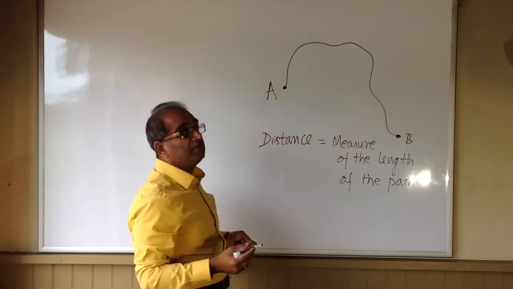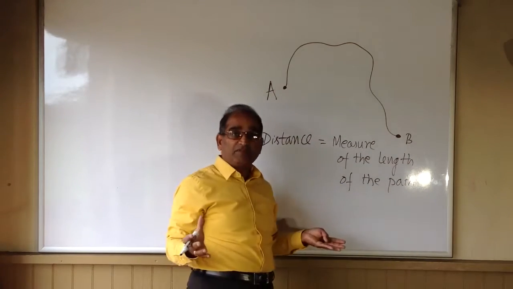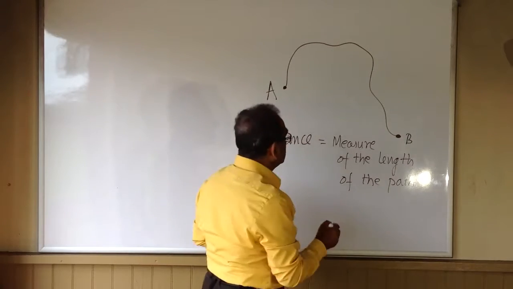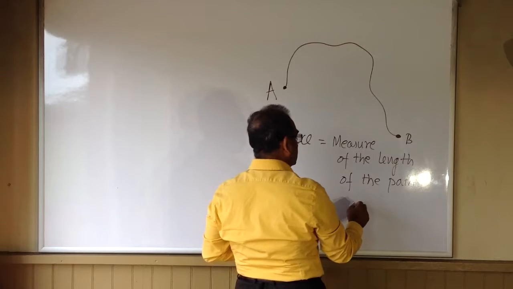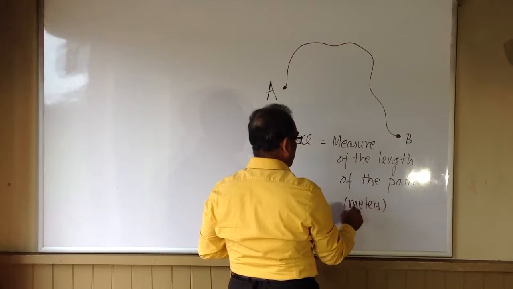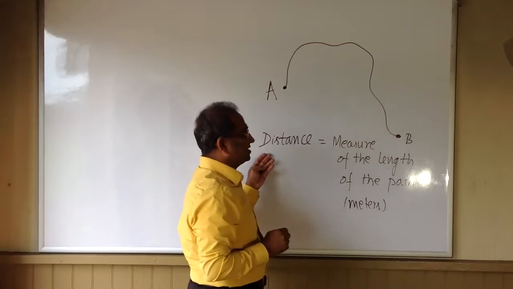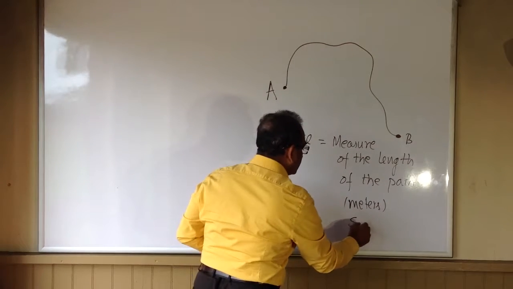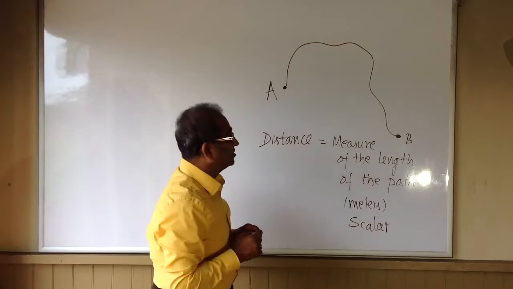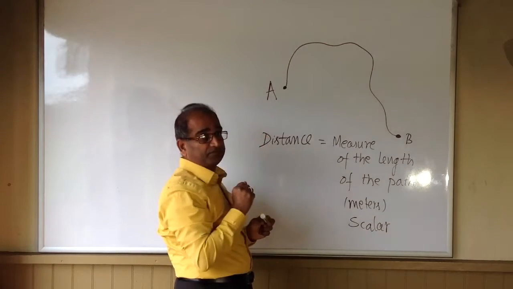You measure it in meters because length is measured in meters. We have learned it in measurements. So distance is the measure of the length of the path in meters, and it's a scalar quantity. It is not a vector quantity because it doesn't have a direction.